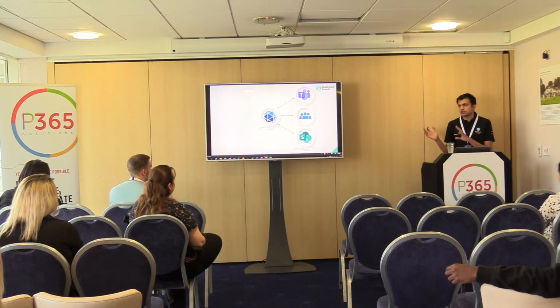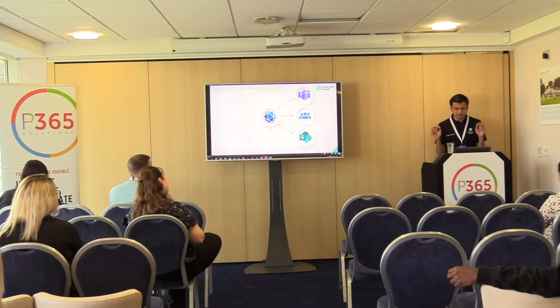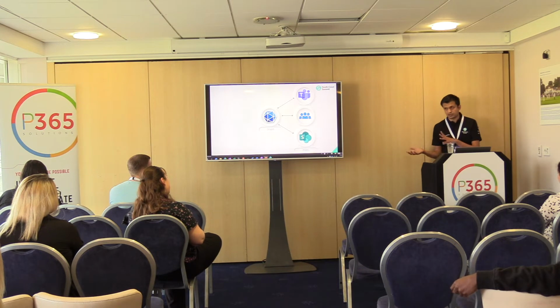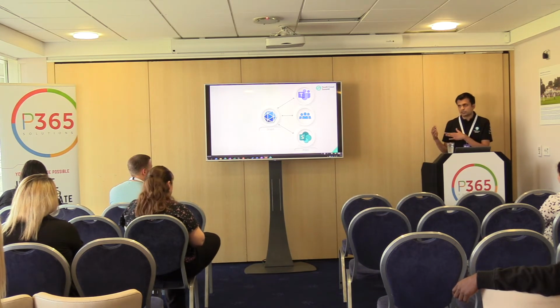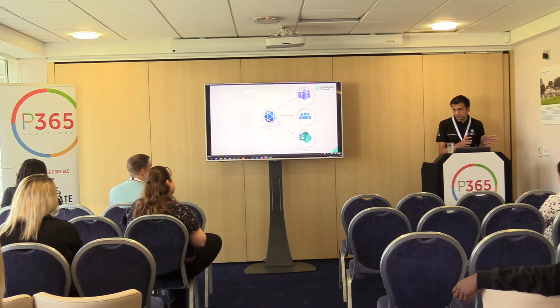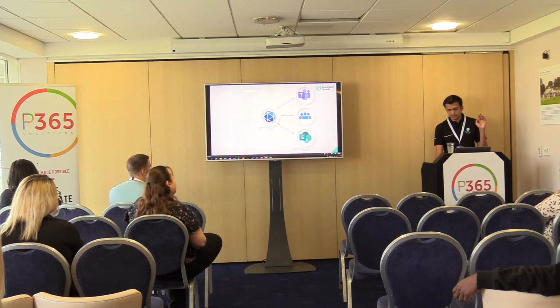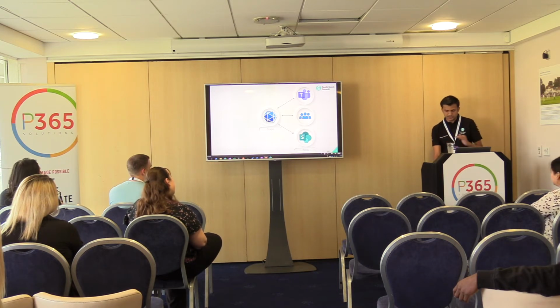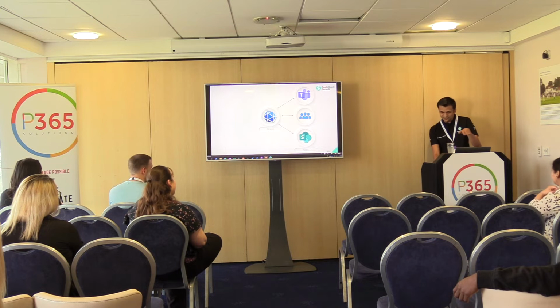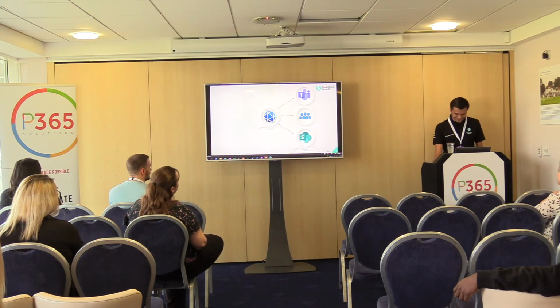Say, for example, how many teams are there in my tenant? Groups data, how many groups are there in our tenant? SharePoint data, can you give us this particular list item in this particular site in SharePoint? Yes, with the help of Microsoft Graph, we can get all the data and other Microsoft 365 data as well. I couldn't include all of them because of the slide space, so it's just 3 over there.